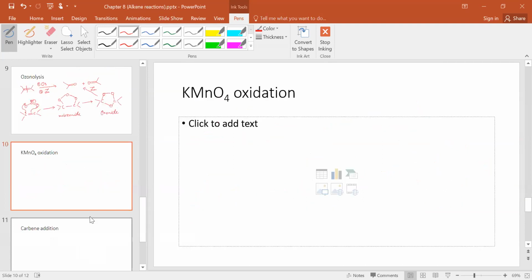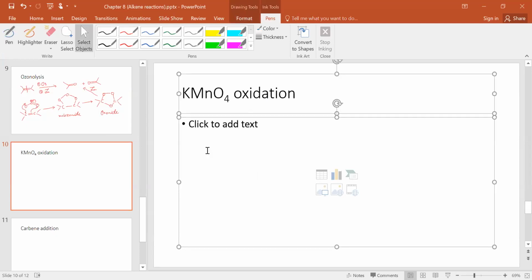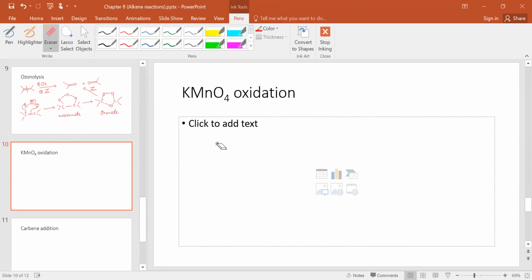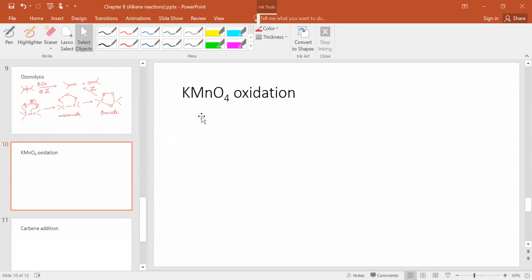Another similar reaction is the KMnO4 oxidation. Okay, so it's a very strong oxidizing agent.